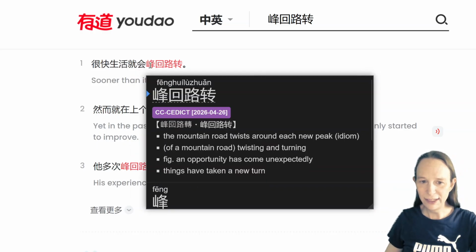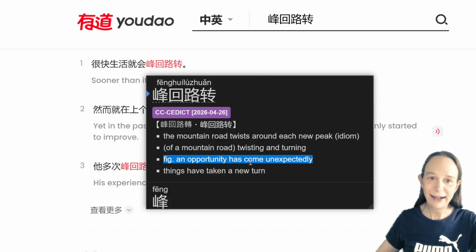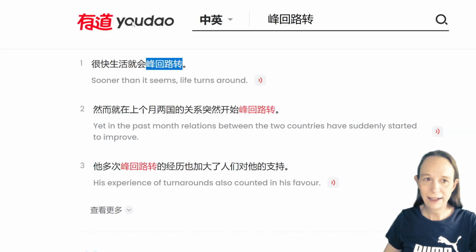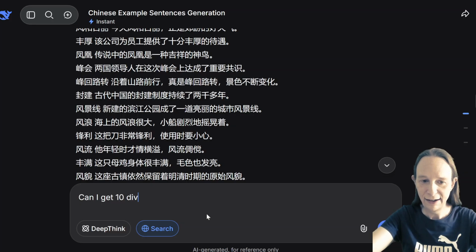So this is a positive thing, is it? Opportunity has come unexpectedly. All right, it's not what I thought. Let's ask the AI. Can I get 10 diverse sample sentences for this?